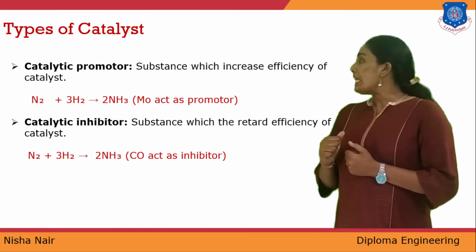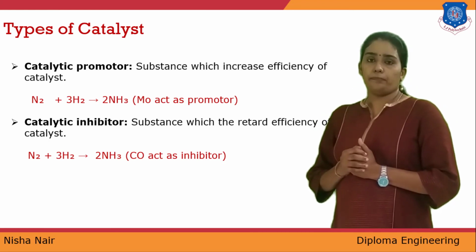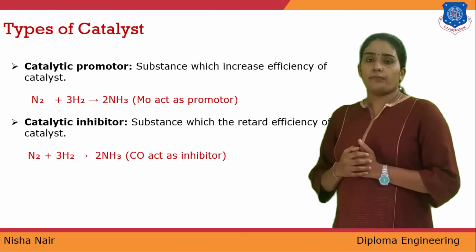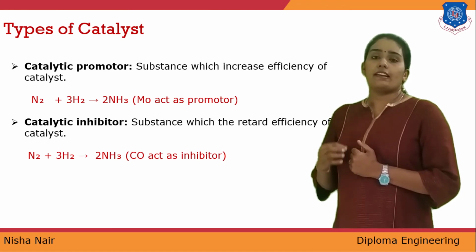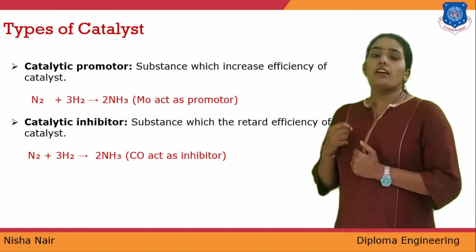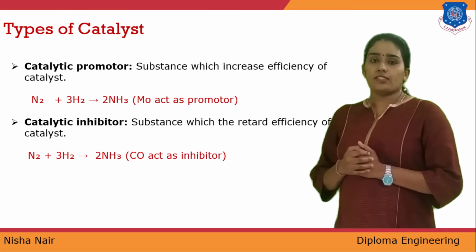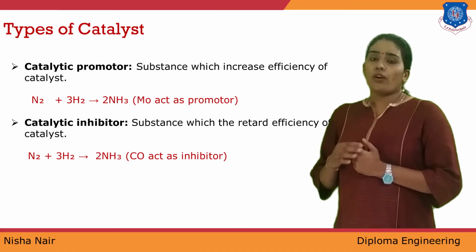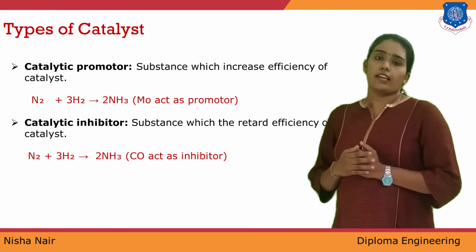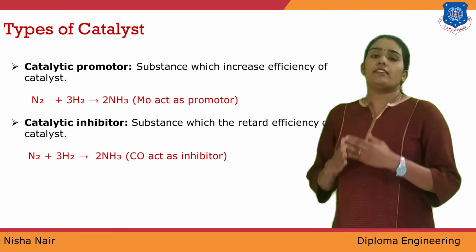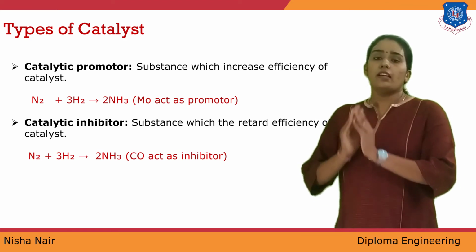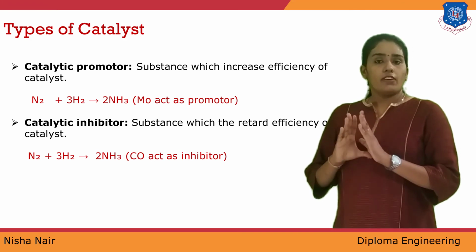If carbon monoxide is present in this reaction, it will decrease the catalytic properties of iron, meaning it will decrease the rate of reaction, because carbon monoxide will act as a poison and make the iron poisoned, so that it won't help nitrogen and hydrogen gas to combine to form ammonia. So inhibitor, from the word itself, means it inhibits the catalytic activity. So here carbon monoxide will inhibit the catalytic properties of iron.